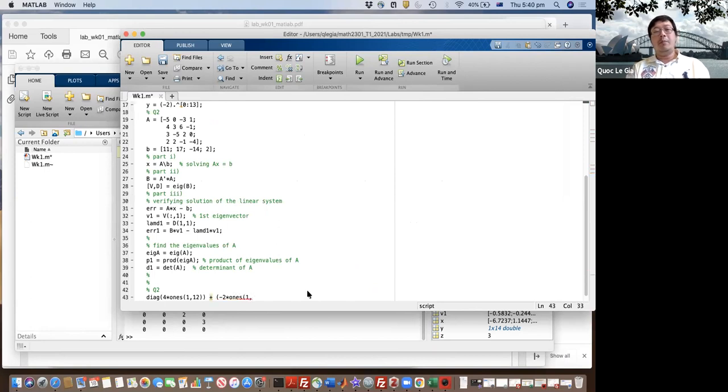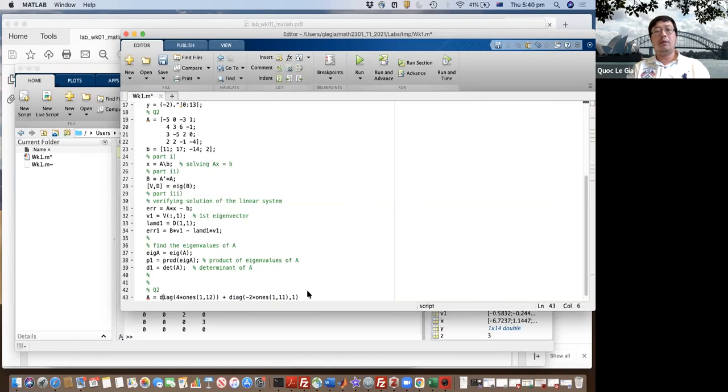And now remember, because it's the upper diagonal, you have one item less, one entry less. So it's only 11. And it's the upper diagonal, so it will be +1. So diag. So now this is my matrix A.